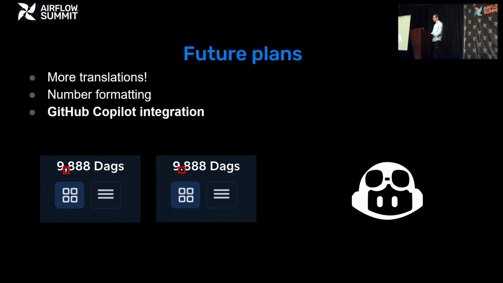So we want to consider that in the relevant languages. Also, there's currently a PR for integrating GitHub Copilot, so the script that I just showed you earlier will also perform the translation itself. And we could take this into many other directions, so feel free to contribute and get involved in the internationalization effort.